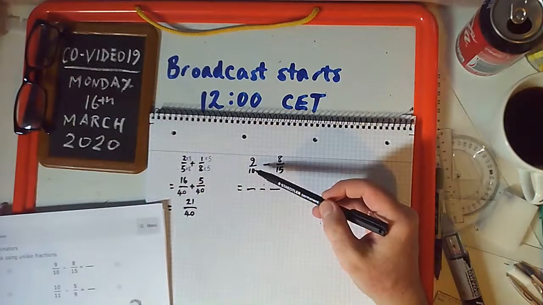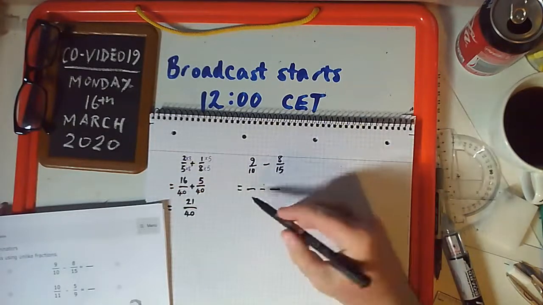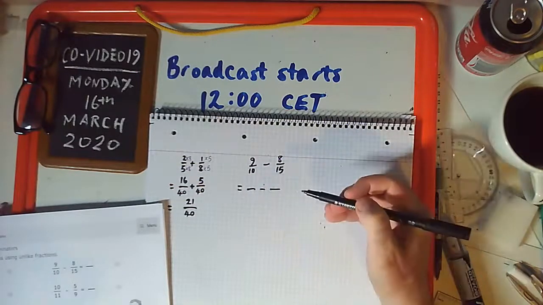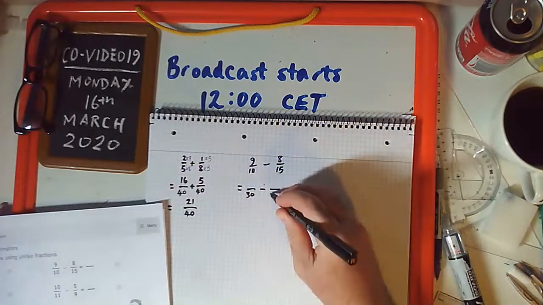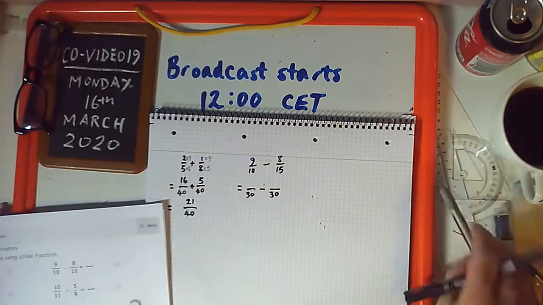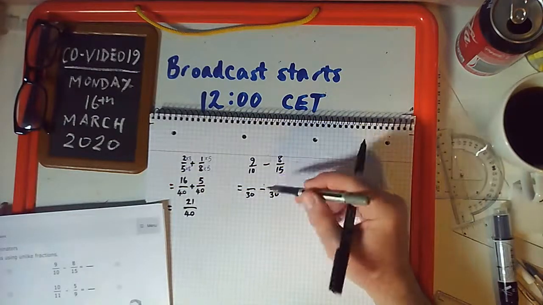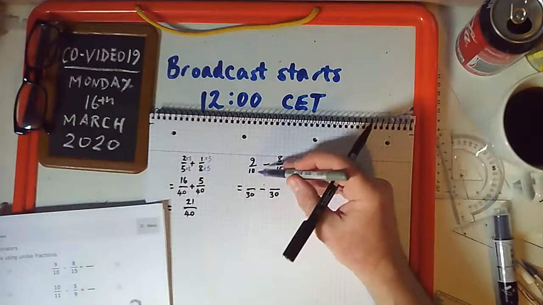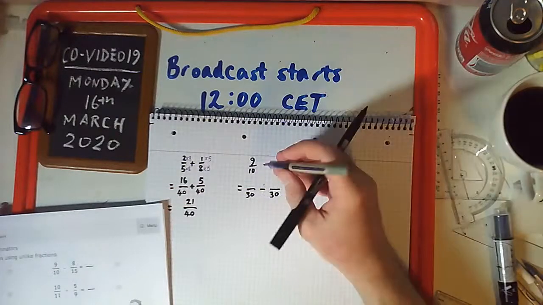Now, obviously they both go into 150, so I could just do 10 times 15 and make them out of 150. But I can see that they both actually go into 30, which is a much easier, smaller number to work with. And again, we'll talk more in MYP2 about finding the lowest common denominator of two numbers. But you can sort of spot it with easy numbers like 10 and 15. So they both go into 30.